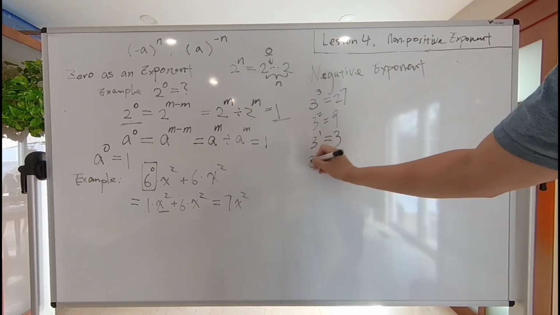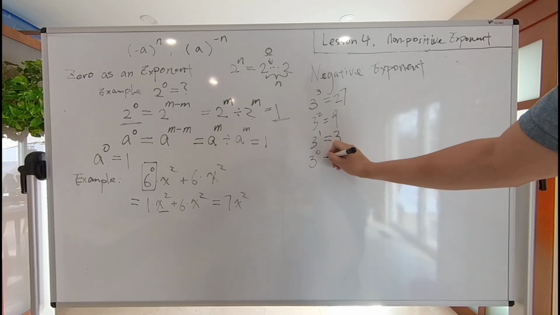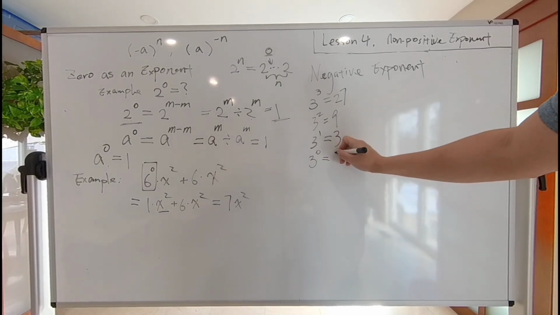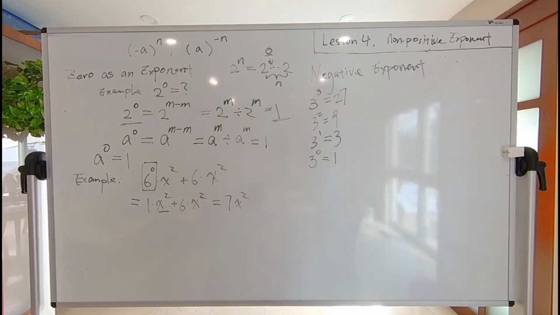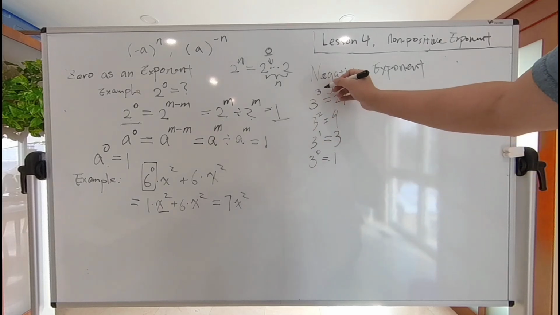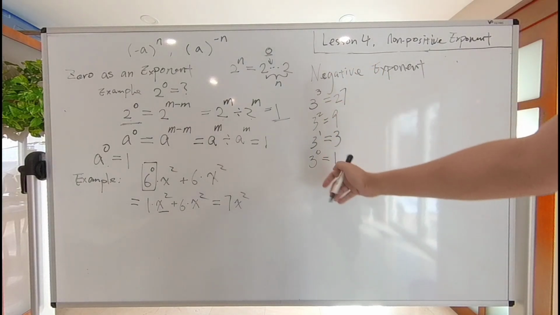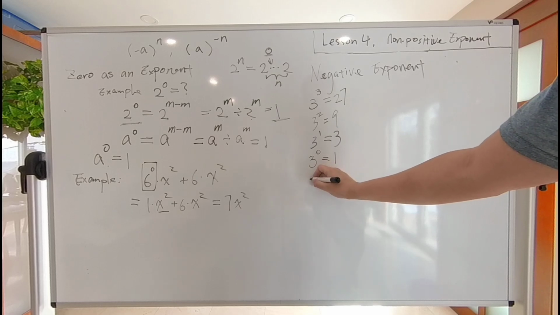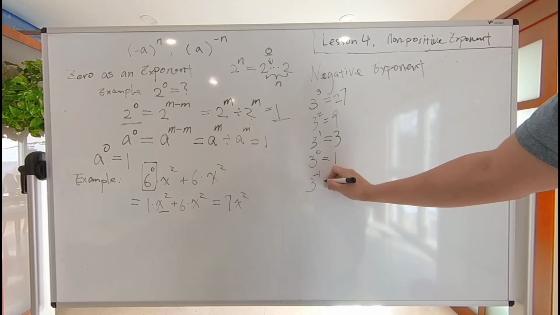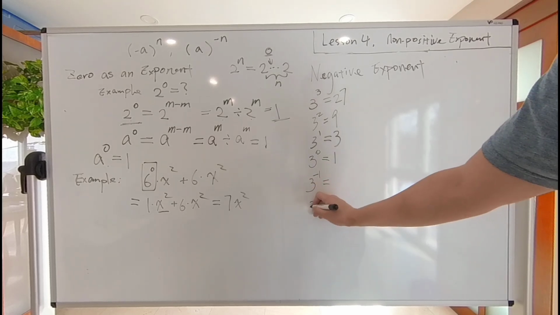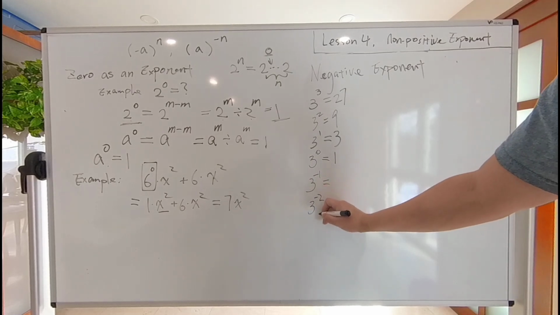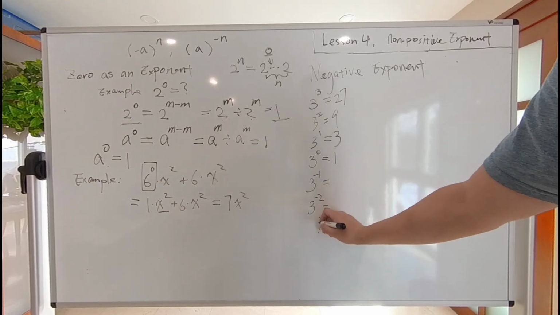And now we even know that 3 to the power of 0 is 1. Now, what happens if this number keeps decreasing? Then the next integer beyond 0 will be -1, right? And then the next will be -2. And I can still keep going to the negative powers.